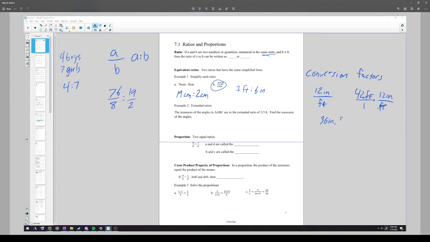And I can multiply by 1 foot per 12 inches, cancel my inches units, and I end up with 36 over 12 is 3 feet. I didn't really want to calculate 42 times 12, but let's do it. 40 times 12 is 480. 2 times 12 is 24, so that would be 504 inches.